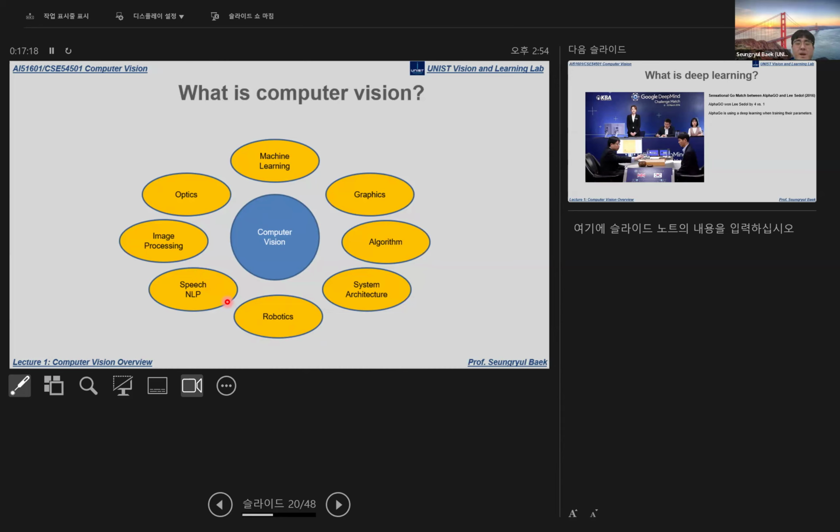Also, most of the problems in the computer vision field are framed as recognition tasks, so in that sense, most problems are formulated as machine learning problems. So this slide briefly introduces what types of techniques are required for properly doing computer vision research.